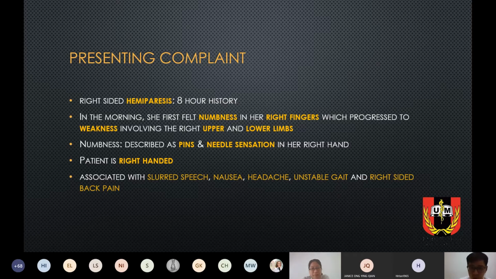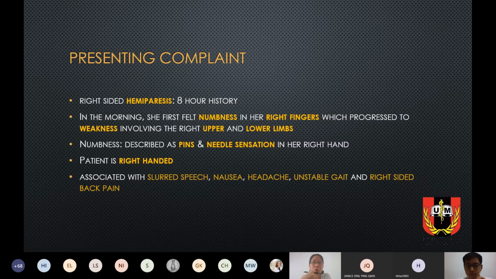About the pins and needle sensation, how come it's a little bit different from the presentation of the hemiparesis? Shouldn't the distribution be equal? It depends. Sometimes the problem with sensory symptoms is that patients may not describe it accurately. A lot of times when they say numbness, it's just vaguely telling us that maybe it's the fingers, maybe it's part of the arms only.